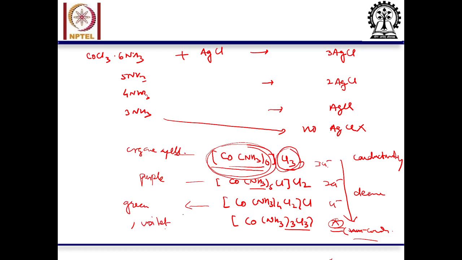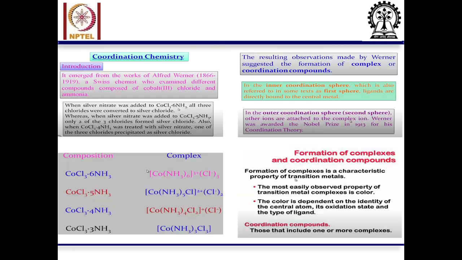So from here he said that there are two types of isomer, the cis isomer and the trans isomer. I will come later to how this works. From isomerism he explained all the complexes and gave the theory of primary valency and secondary valency, and the inner sphere and outer sphere concept.